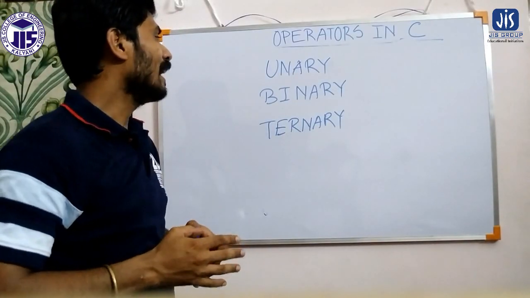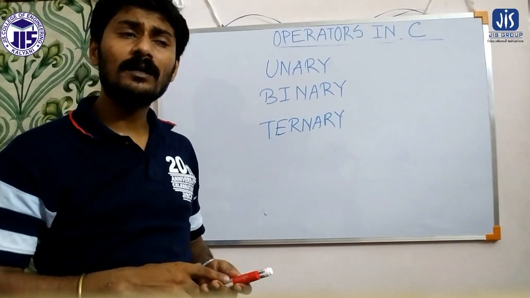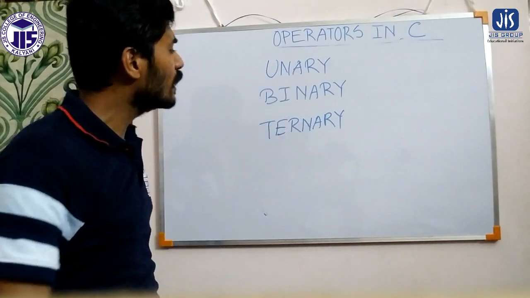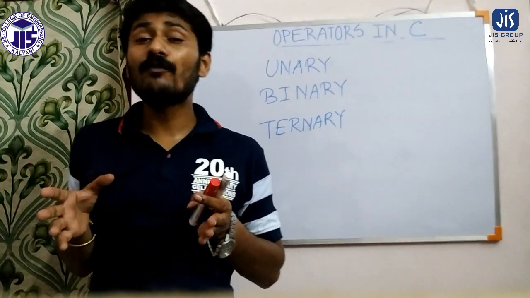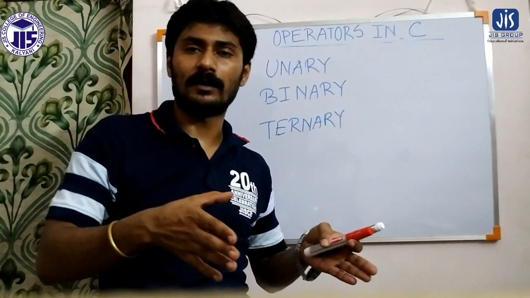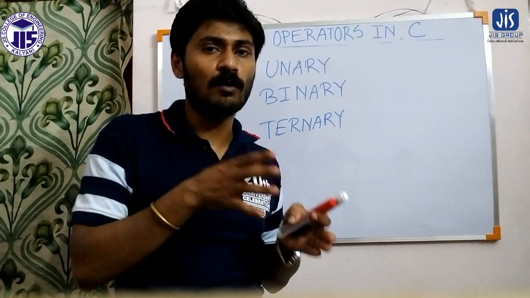So what is a unary, binary, and ternary operator? This category of unary, binary, and ternary is basically depending on the number of operands we are using with the operator, the number of operands we are using to perform these types of operations.